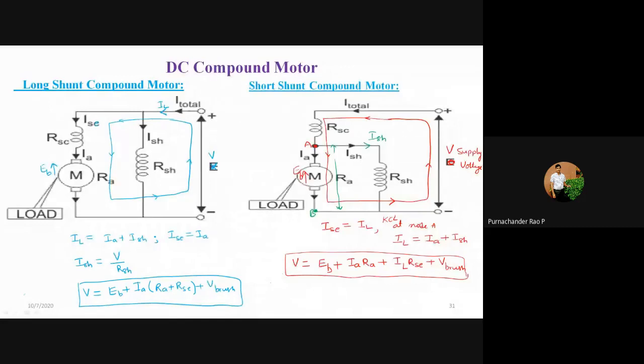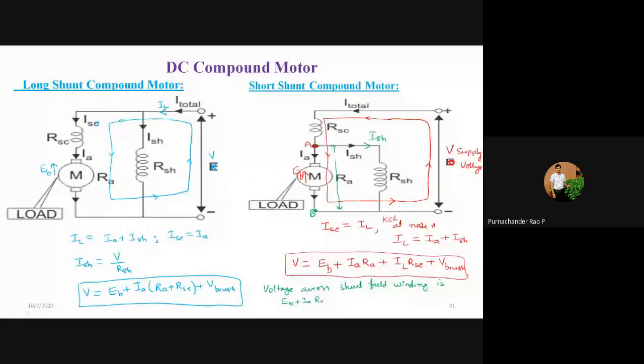So the voltage across the shunt field winding is this one here, EB plus IA RA plus the voltage drop.